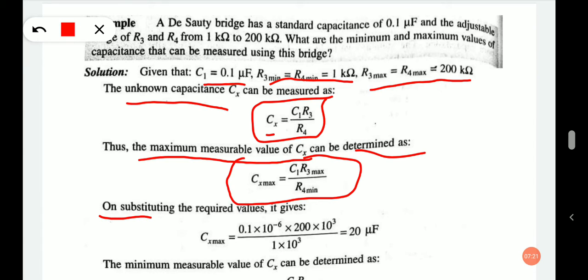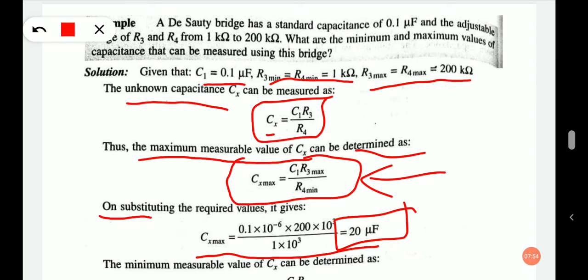If we substitute the values in this equation, we can write Cx max equals 0.1 into 10 to the minus 6 because it is in microfarad, into 200 into 10 to the 3 because it is in kilo ohm, upon R4 minimum, that is 1 into 10 to the 3, and the answer will be 20 microfarad for Cx max.